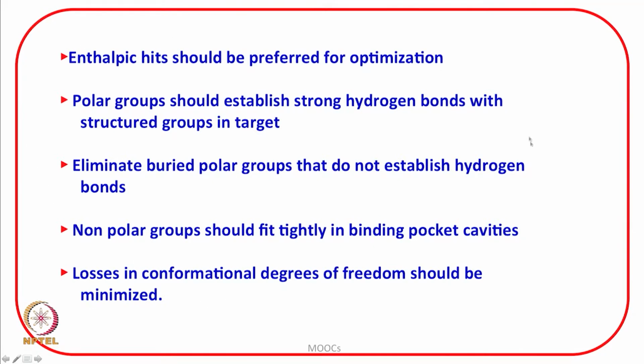So, all these guidelines are talking either about delta H naught or about delta S naught. And finally, it comes to getting a more negative value of delta G naught, which will be obtained only if we have more exothermicity in the binding, and the losses in degrees of freedom, or the entropy losses due to conformational change, are minimized.